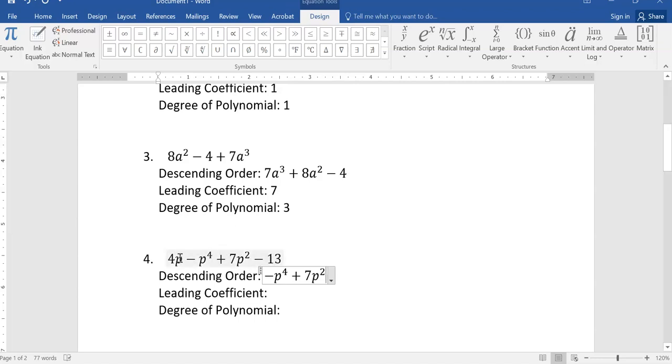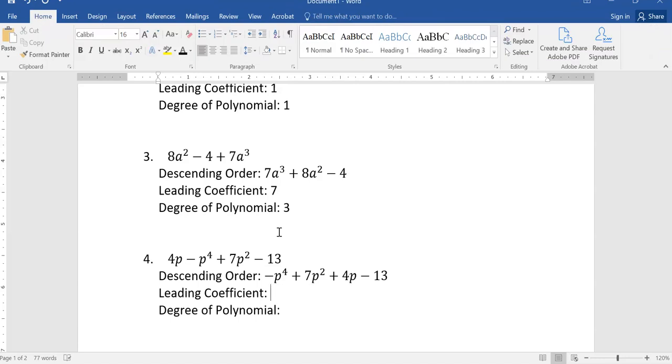Next highest degree is 4p. Next is minus 13, which is the lowest degree, obviously. Leading coefficient is a negative 1. That negative sign is important. There's always an implied 1 in front of the variable if you don't see anything. And then the degree of the polynomial is 4. So that is the fourth problem.